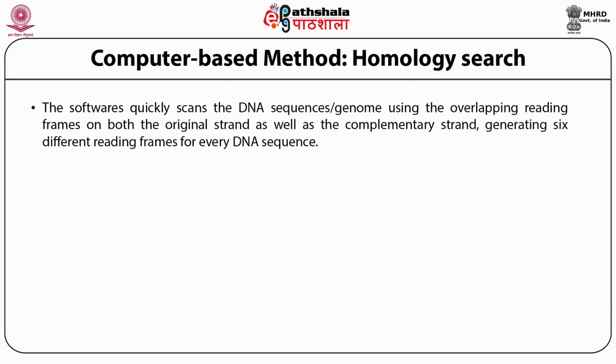These softwares quickly scan the DNA sequence or the genome using the overlapping reading frames on both the original strand as well as the complementary strand, generating 6 different reading frames for every DNA sequence.